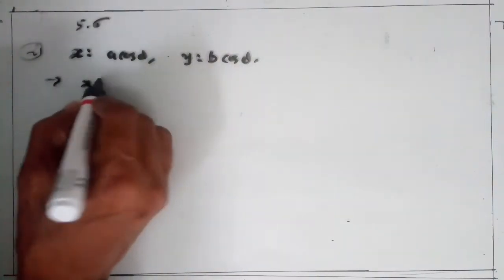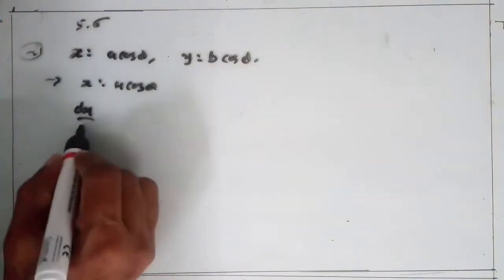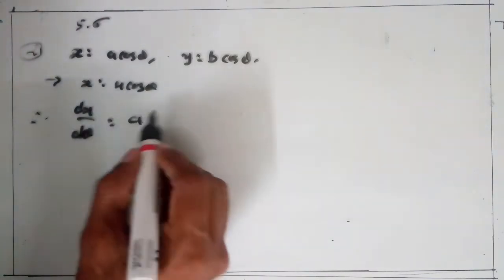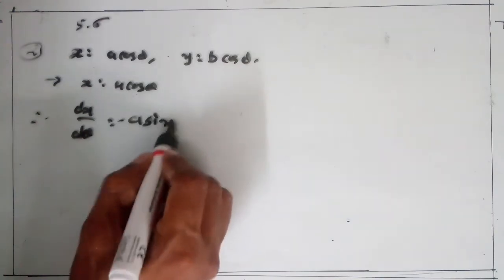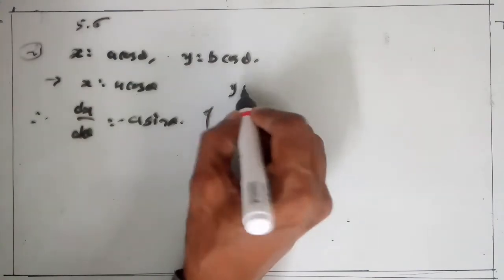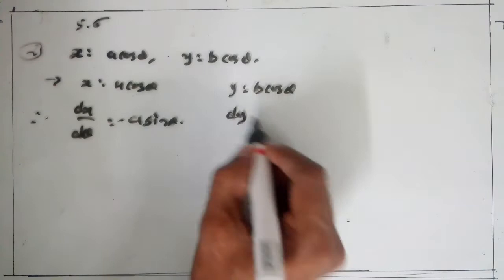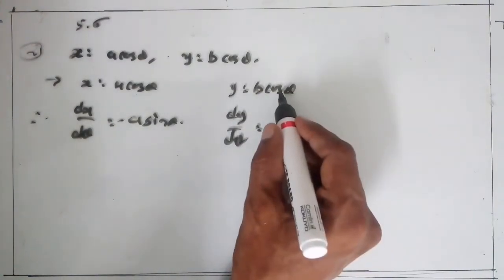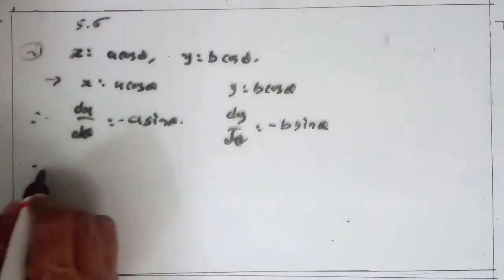So for x is equal to a cos θ, dx/dθ, the derivative of x with respect to θ, is a times the derivative of cos θ, which is minus sin θ. Clear? Similarly, for y is equal to b cos θ, dy/dθ is equal to b times the derivative of cos θ, which is, we know, minus sin θ. Clear this?